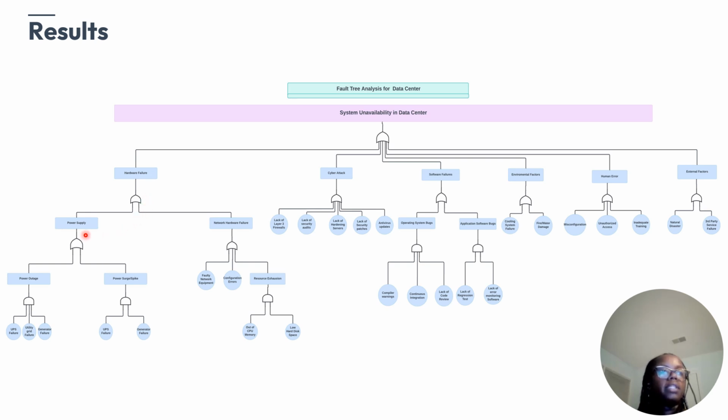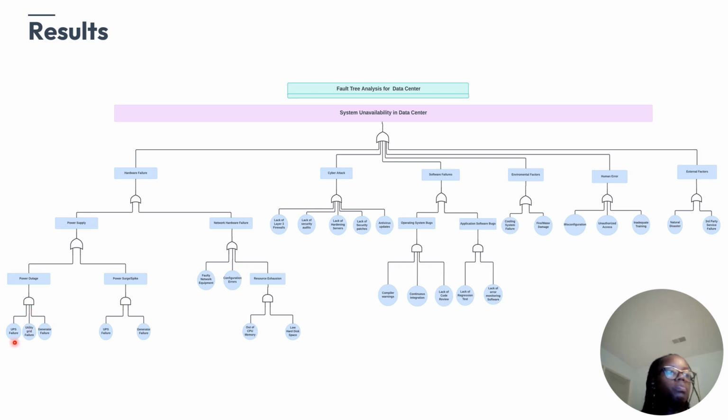So we have the power supply and the network hardware failure. Under the power supply, it was broken down again using an OR gate where we have the power outage, or we have the power surge or spike. The power outage could be further broken down into three basic events using an AND gate.